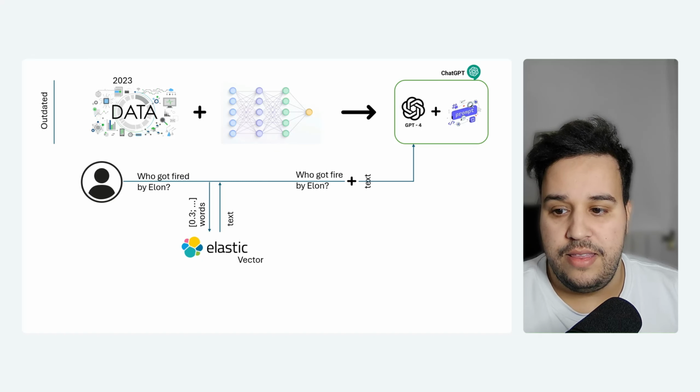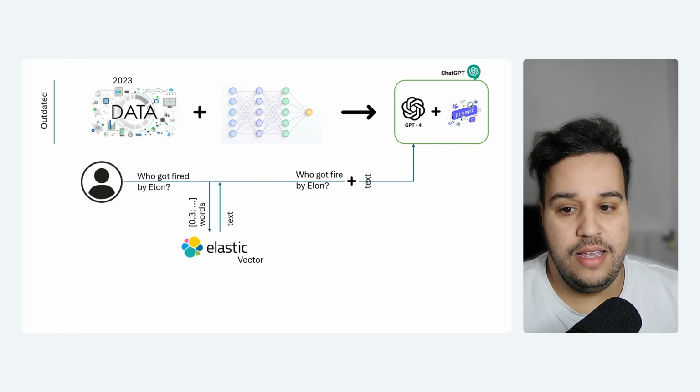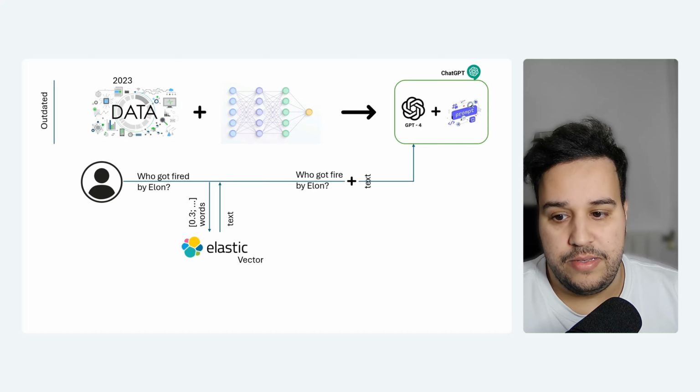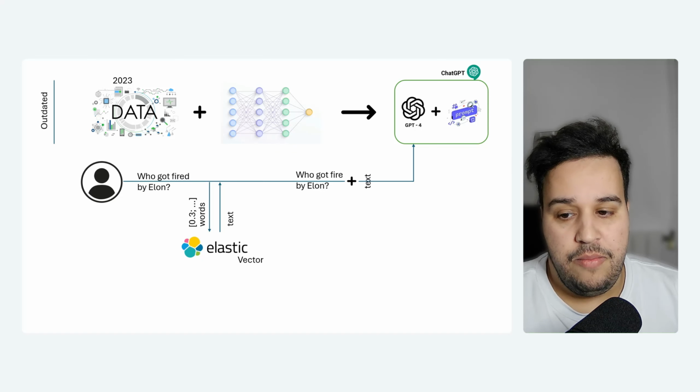So instead of sending the text as it is or the keywords, we're going to send the sense that this sentence is making. And the sense is just a mathematical representation of this question, or a vector. And we need to send it this time into a vector database instead of an analytical database. Again, the same thing, we're going to get a text from this, another mathematical representation, and we're going to send the text here.